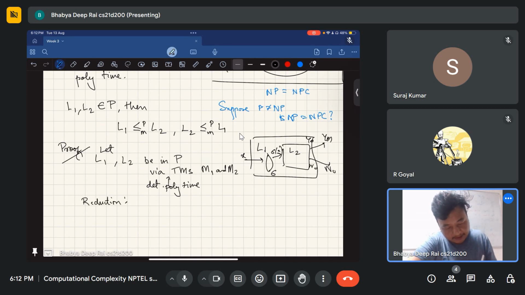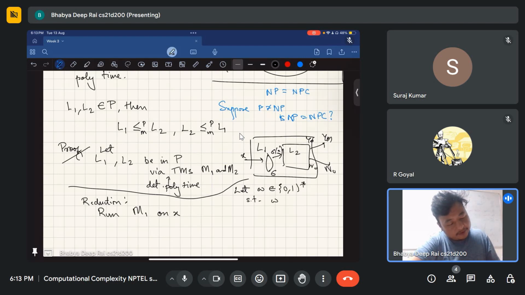First I run M1 on x. Separately, let W1 and W2 be two strings: one is in L2, the other is not in L2.